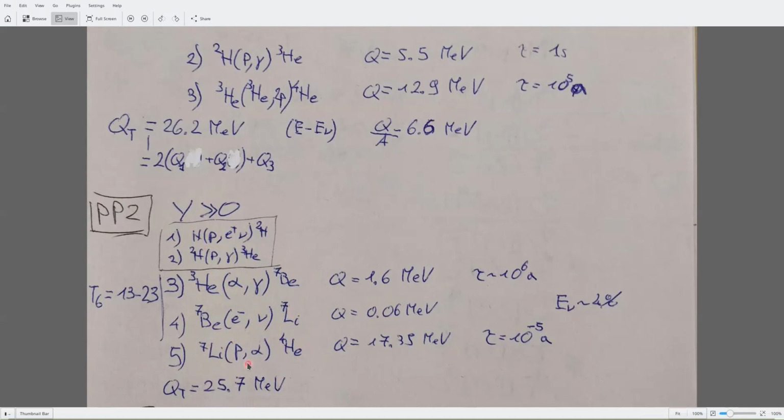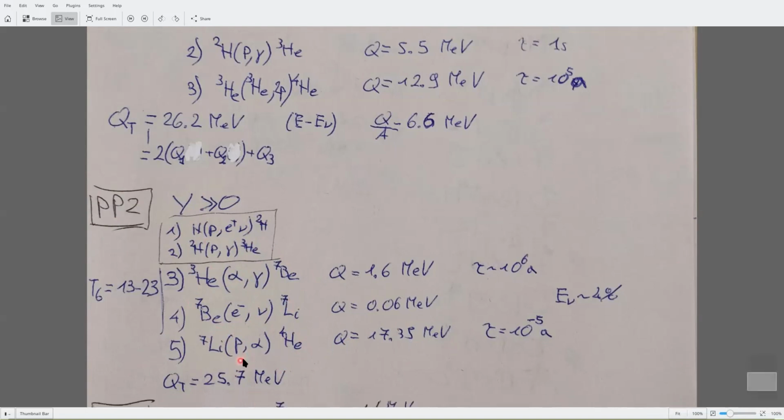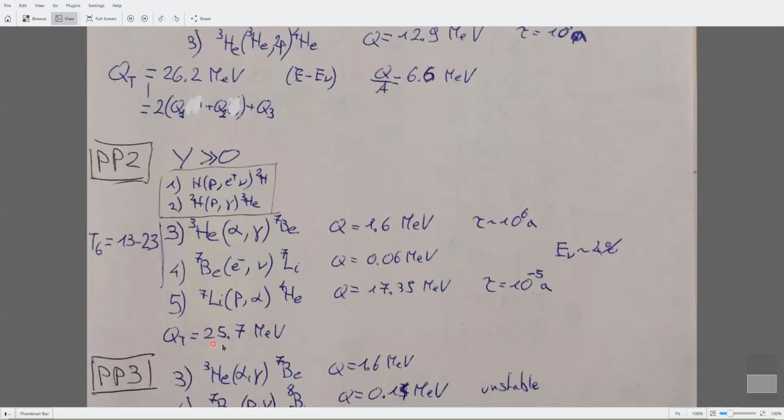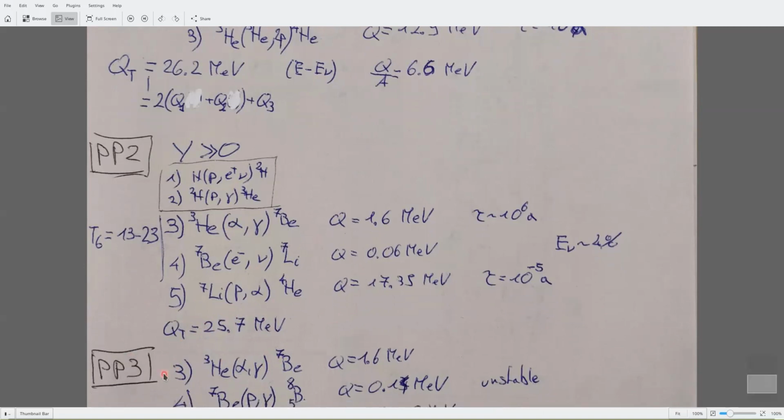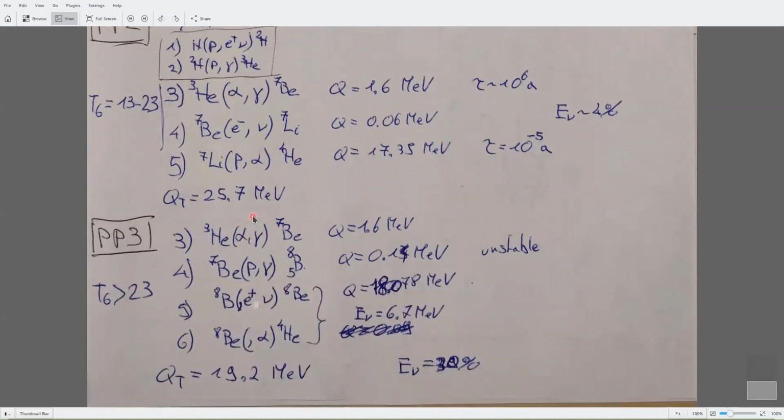At the end, the energy is quite similar. It's always a little less than the 26 megaelectron volt. We have an additional channel, that is PP3, that starts as before like PP2, but then you have a little difference.